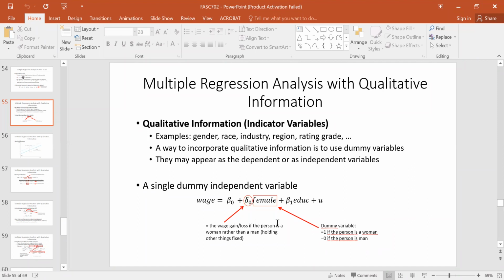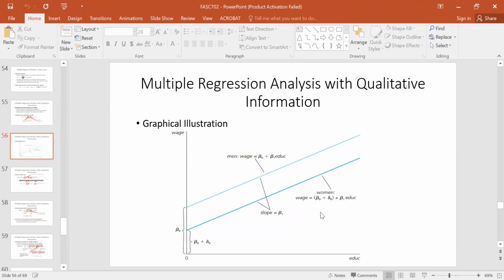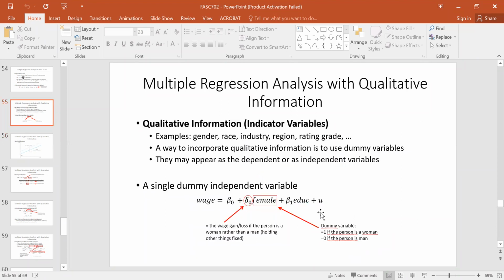So think about it. Over here, we can think of the slope on education like this. For women, this is what we have.